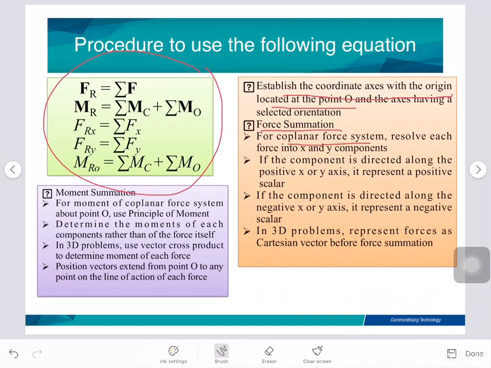If it is a coplanar force system, we need to resolve into X and Y components. And then if a component is directed along the positive X and Y axis, it is a positive scalar. If the component is directed along negative X and Y, it represents negative. In 3D, we need to represent forces in Cartesian form.